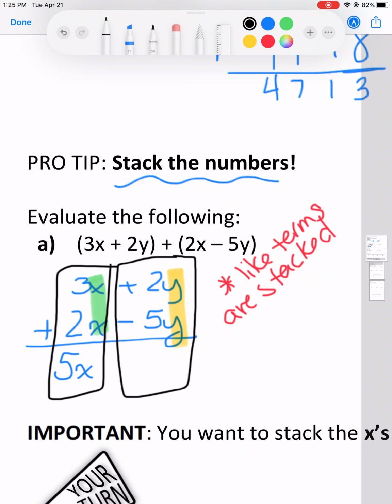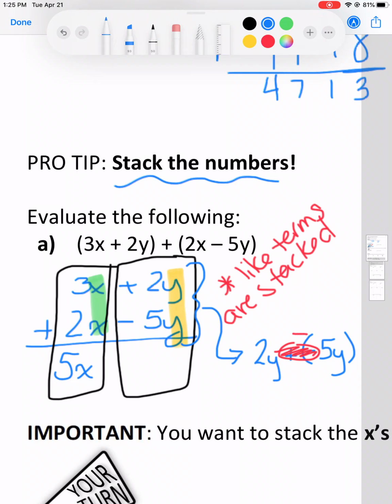2y plus minus 5y. Another way that might be a little easier to look at it, because of the double sign, is if you lay them out straight: 2y plus negative 5y. Right away, you should say, well, there are two signs right next to each other. You're right. A positive and a negative make a negative.